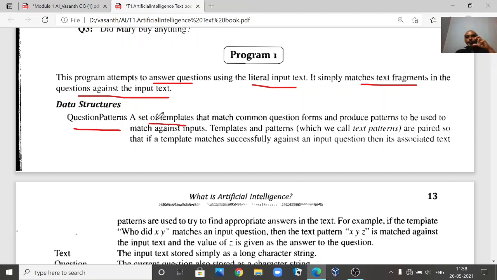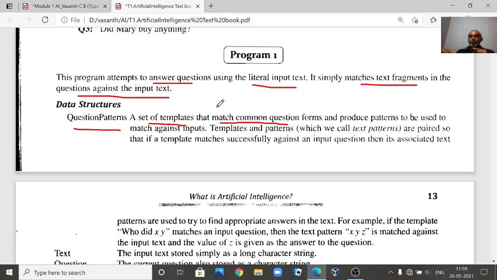We frame some set of templates that match the common questions, so our question has to match with this template. We will make about 3 to 4 templates. We take one template and see whether it matches any of these questions first. And for each of these question templates, we will have some patterns.